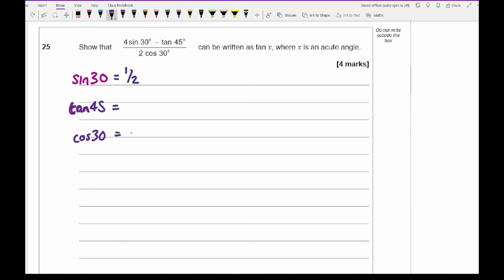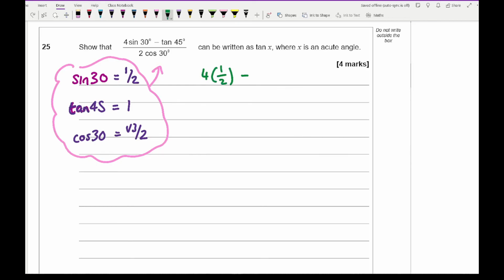So sin 30 is 1/2, tan 45 is 1, and cos 30 is √3/2. Now substituting each of these three values into the fraction that we've been given, I've got 4 lots of sin 30, so that's 4 lots of 1/2, minus tan 45, which is 1, all divided by 2 times √3/2.